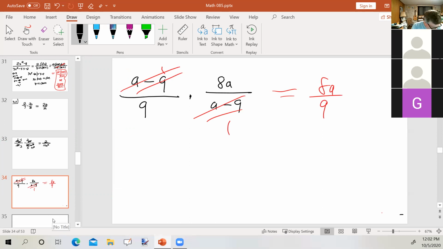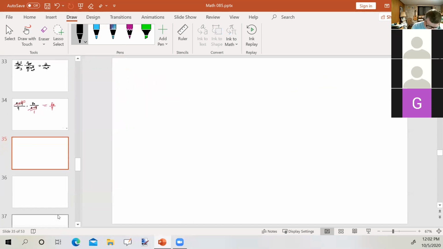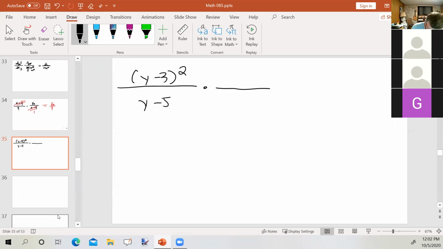How about this one? Y minus 3, the quantity squared, over y minus 5 times y minus 5 over y minus 3. We could reduce out the common factors there. Y minus 3 squared over y minus 3 to the first power.